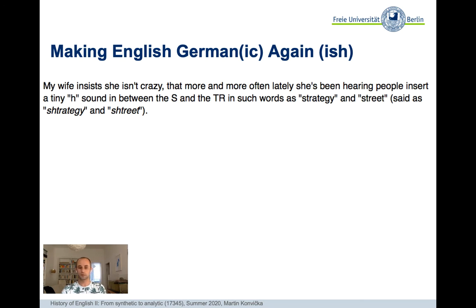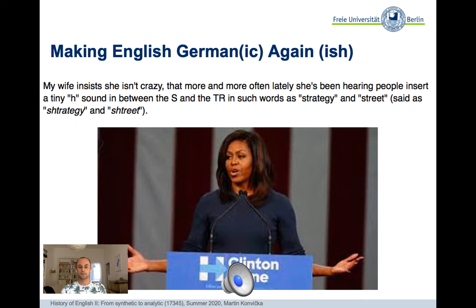And for example, this is an entry from a blog where a person says, "My wife insists she isn't crazy, that more and more often lately she's been hearing people insert a tiny H sound in between the S and the TR in such words as strategy and street, said as shtrategy and shtreet." And this is also something that you can hear in very official contexts, right?